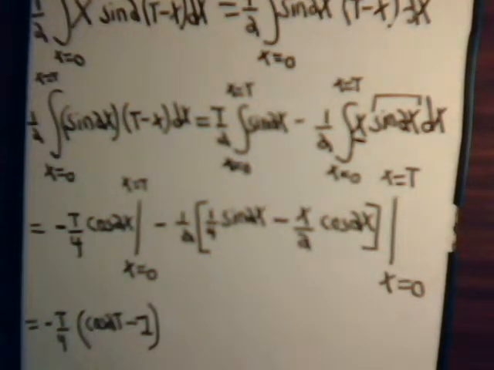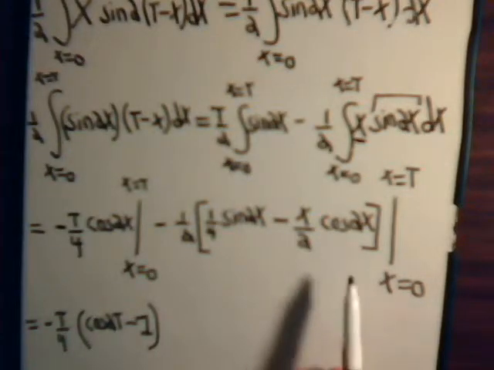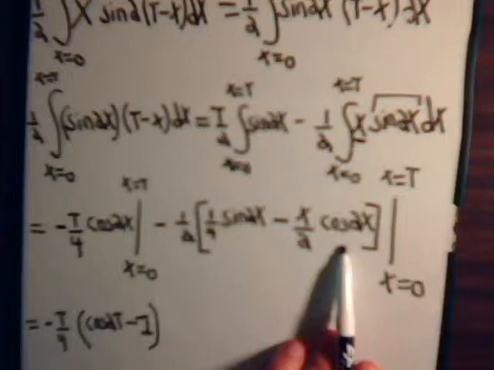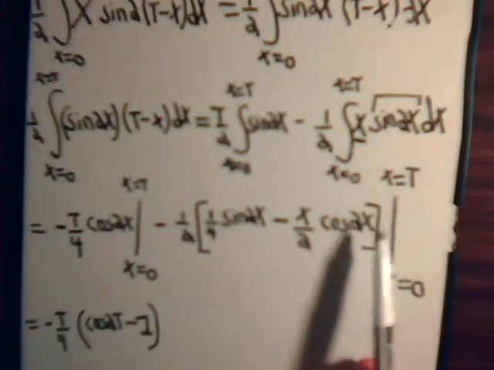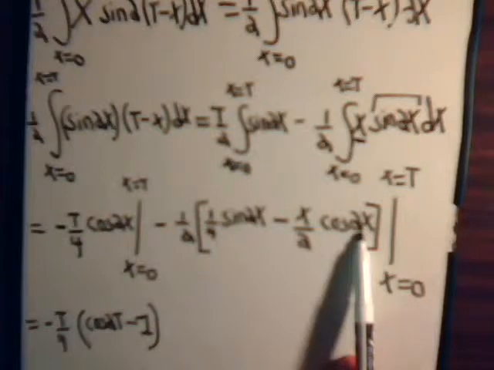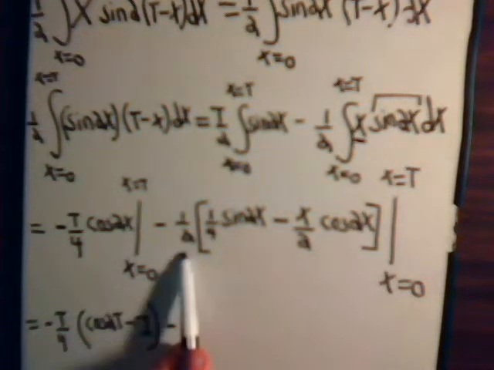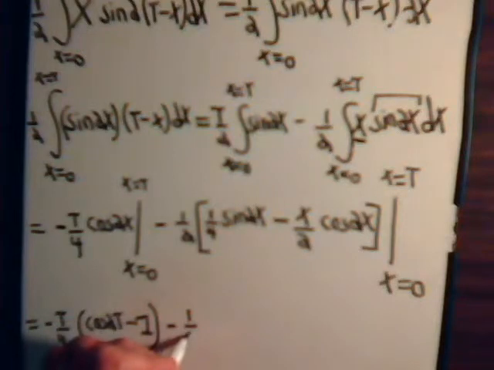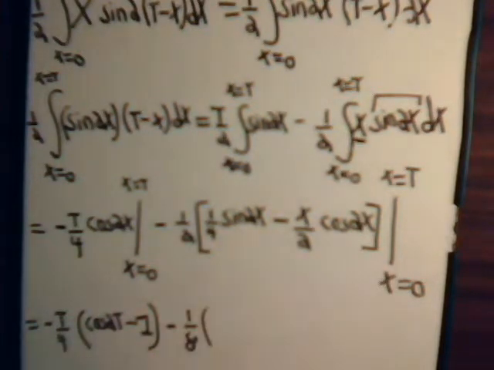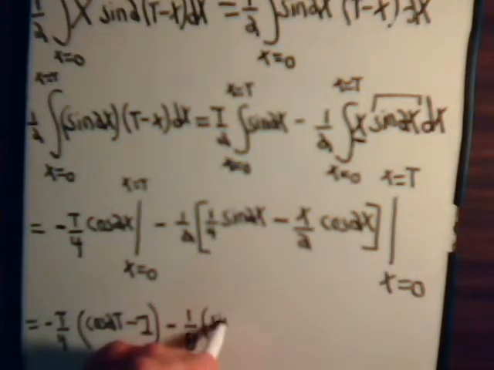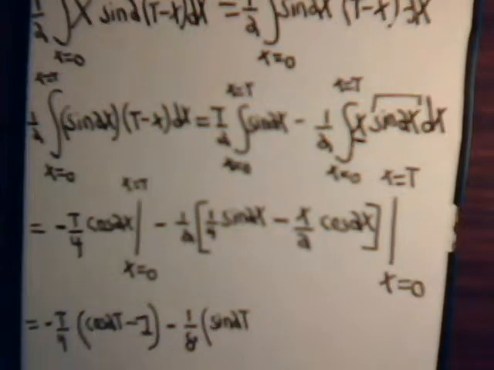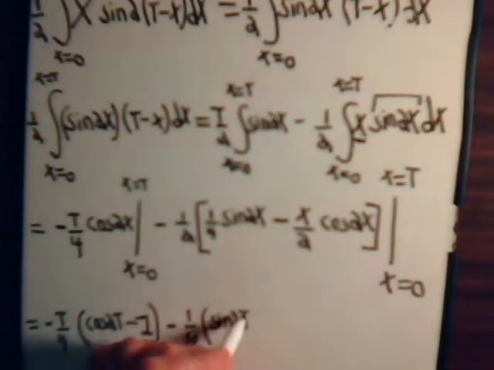Then here we have another cosine term, where we have cosine of 2 times t, and then we will also have 0. Let's take it like this, minus 1/8 times, where x equals t, the sine of 2t, minus, when x equals 0, the sine of 0, so that's just 0.